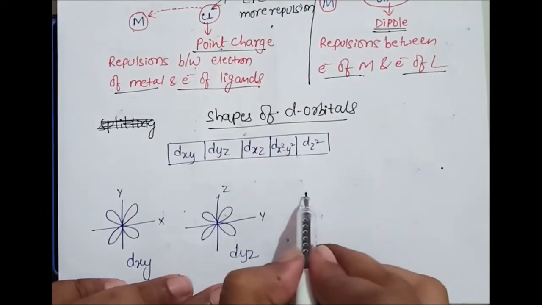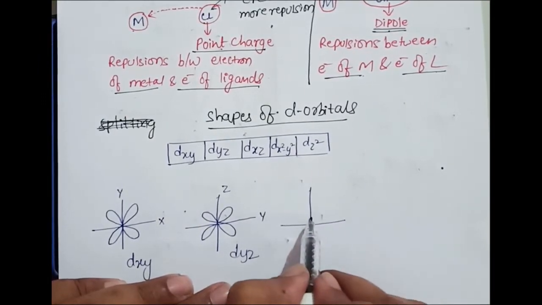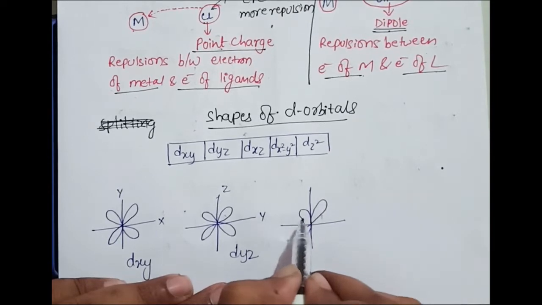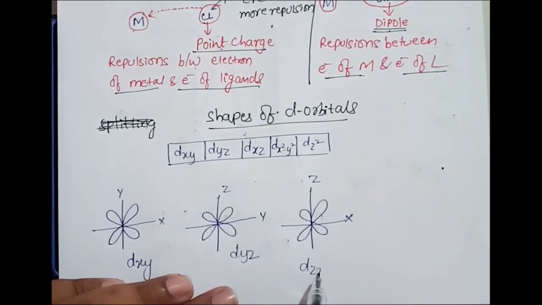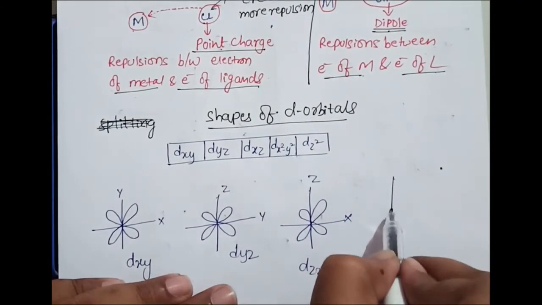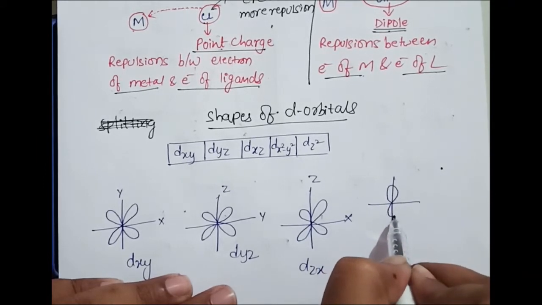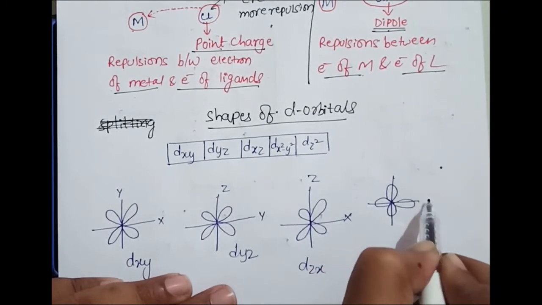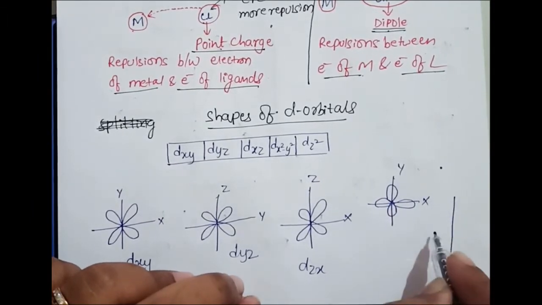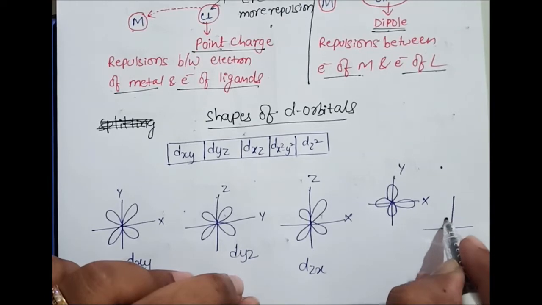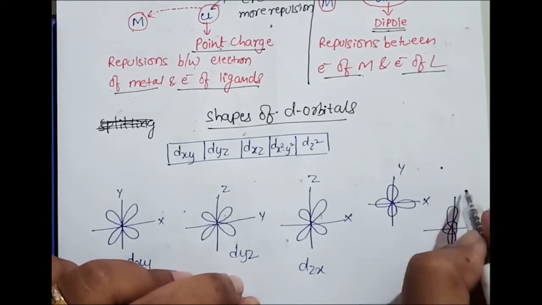Now dzx is between the x-axis and z-axis, and dx square minus y square is present on the x-axis and on the y-axis, and last, dz square is present on the z-axis, only on the z-axis as well as around the center.